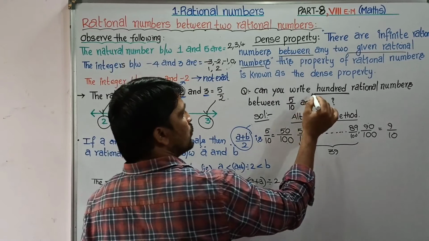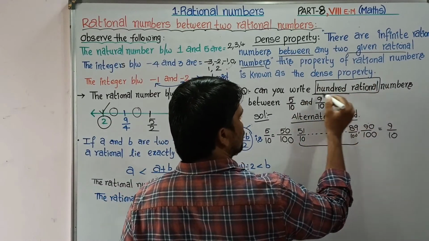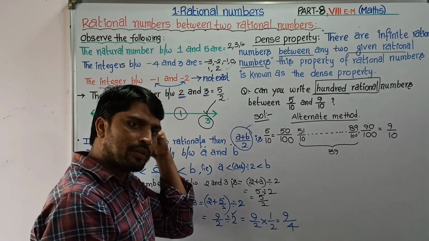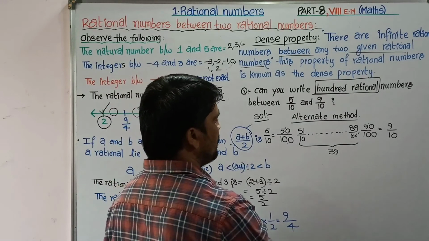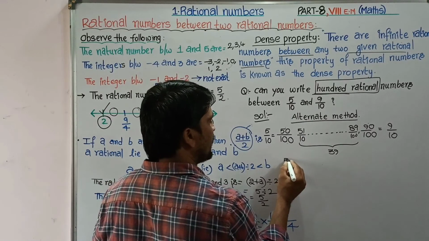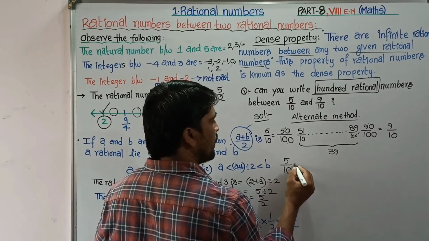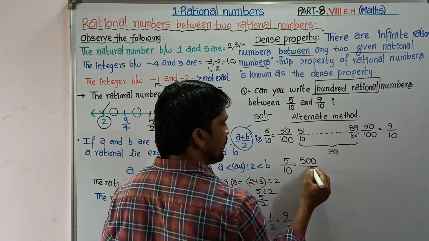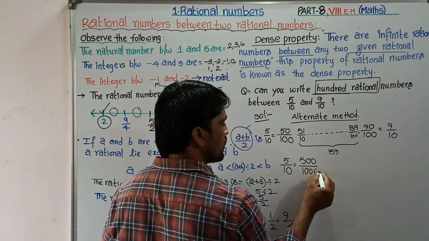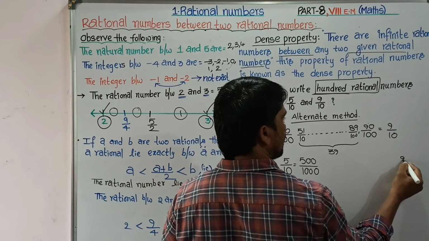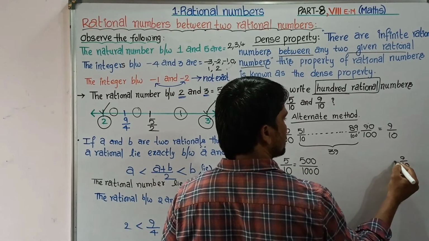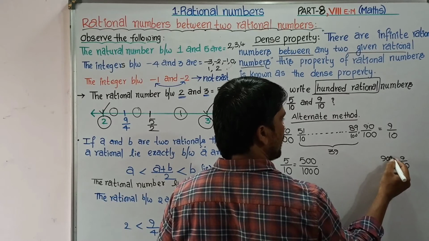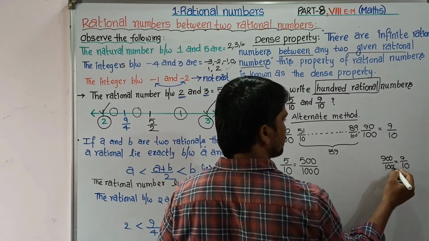But we need to insert 100 rational numbers between 5 by 10 and 9 by 10. So 5 by 10 can be expressed in terms of equivalent rationals as 500 by 1000. Similarly, 9 by 10 can be expressed as 900 by 1000.